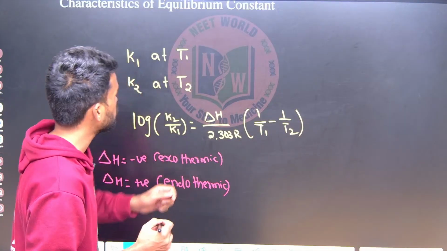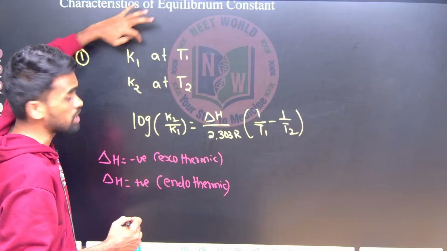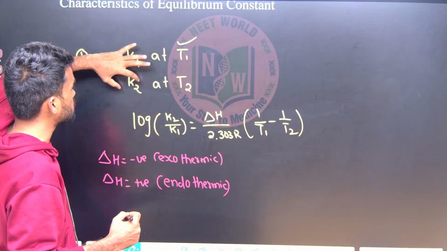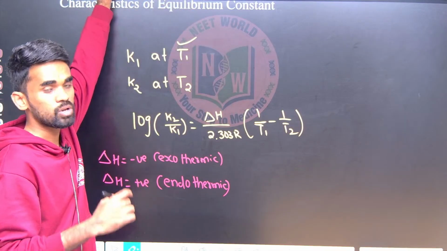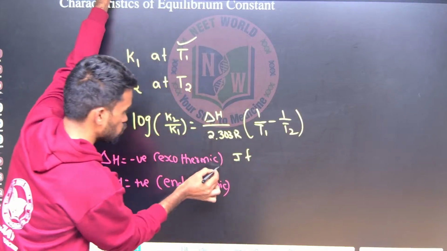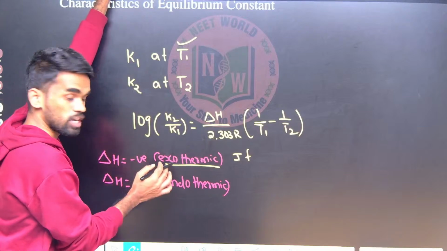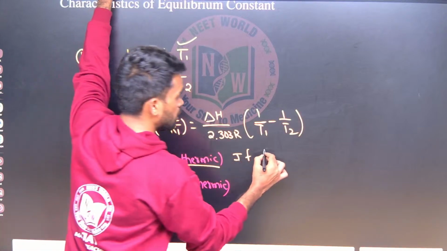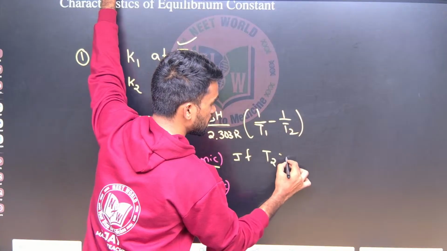K1 is the equilibrium constant at temperature T1 and K2 is the equilibrium constant at temperature T2. Now, in the exothermic case, suppose T2 is greater than T1.